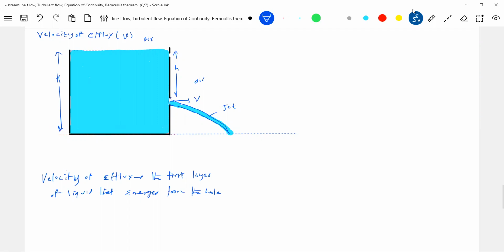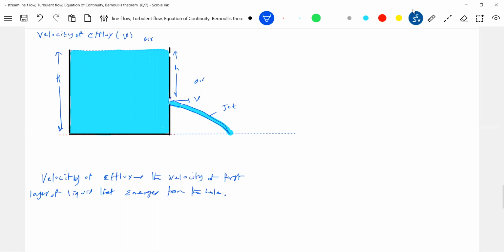The velocity of first layer. The velocity of the first layer of liquid that emerges from the hole is called the velocity of efflux here.